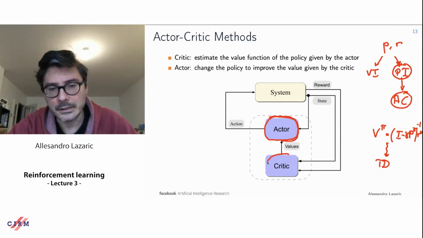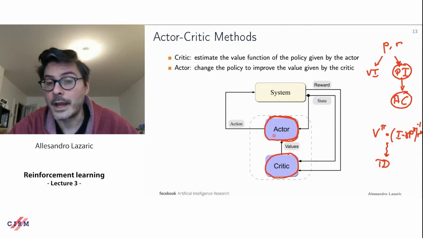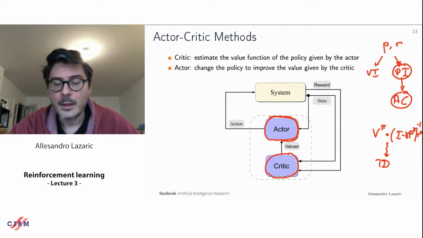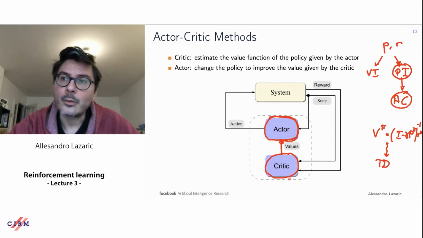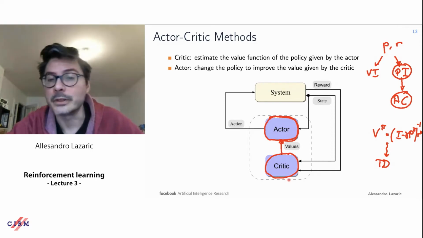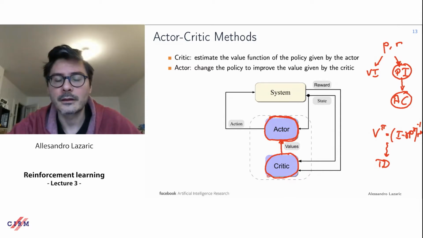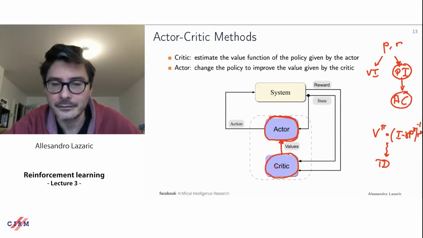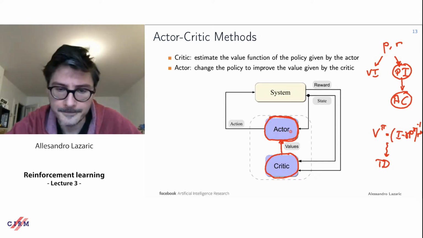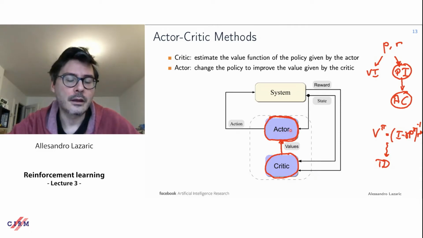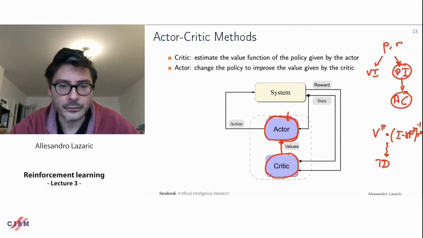And then there is a critic which evaluates how well the actor is behaving. Plus, it's also suggesting to the actor where there are opportunities of doing better. So this is a critical analysis of how well the actor is behaving and whether there are opportunities of improving what it's doing. We'll be focusing on these two ingredients and see how they can be formalized.